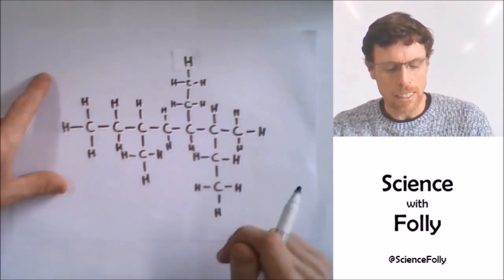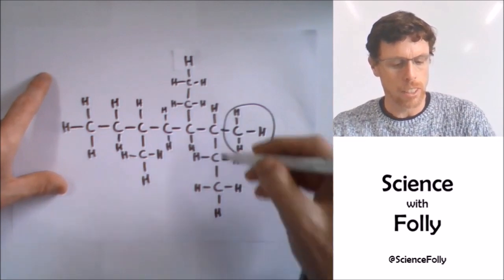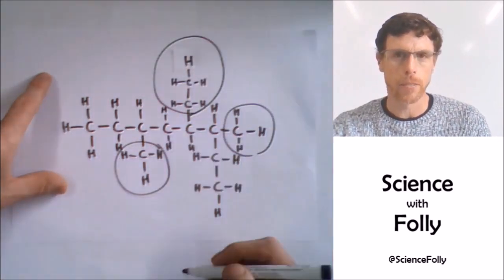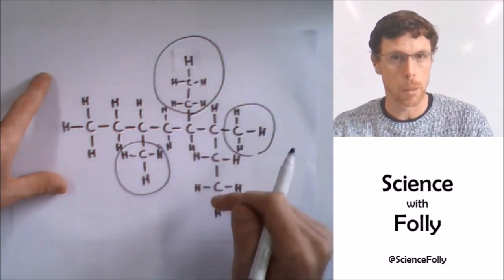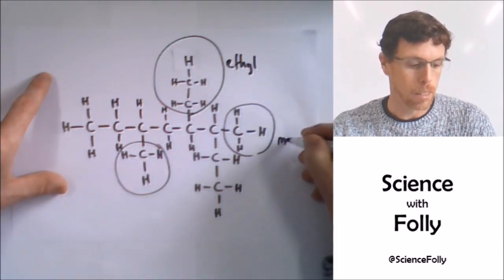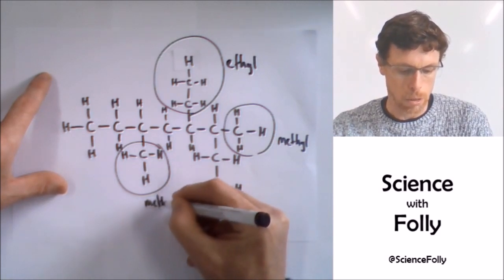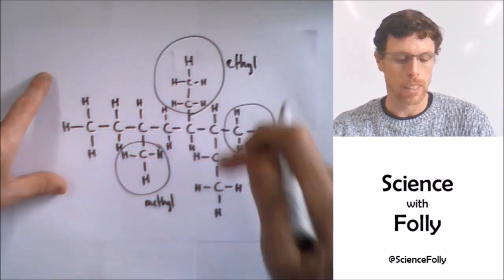So we've got 8 here, but we've got some branching chains. We've got one side branch here, another side branch here, and another side branch here. This is a single carbon, and this is a double carbon. So this is an ethyl group. This is a methyl group, and another methyl group. So you can see we've got 2 methyls and 1 ethyl.